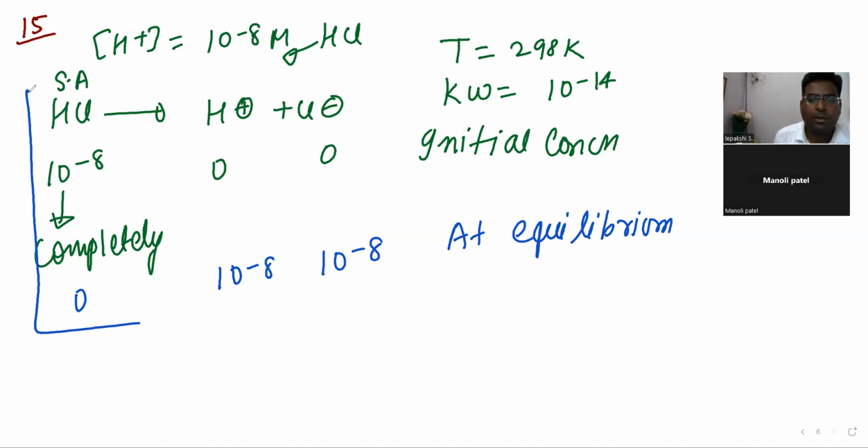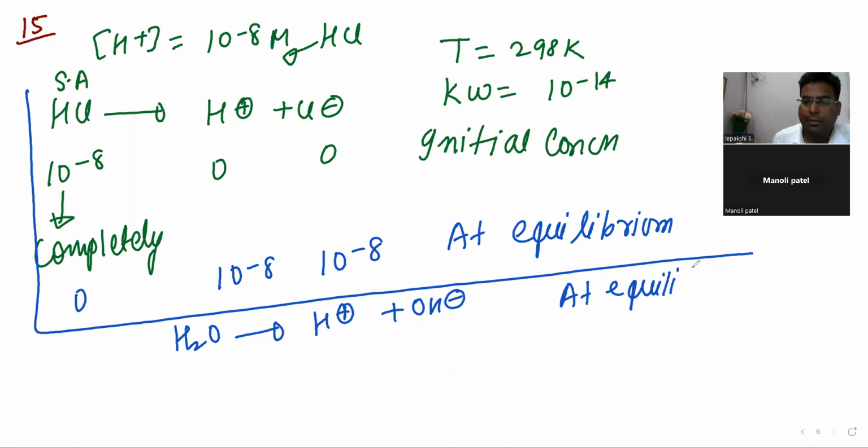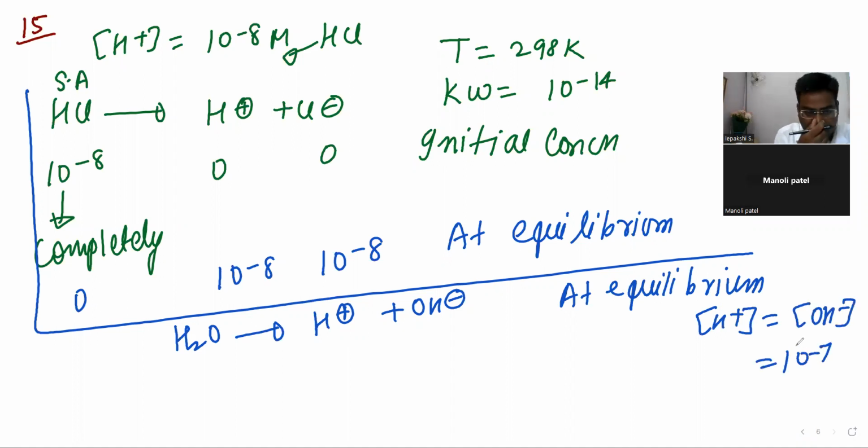Now see the next part. This part is your case 1. Now see when water is dissociated. This is your water, dissociating into H plus and OH minus ions. As we know, at equilibrium for water, the concentration of H plus and OH minus is 10 raised to minus 7.